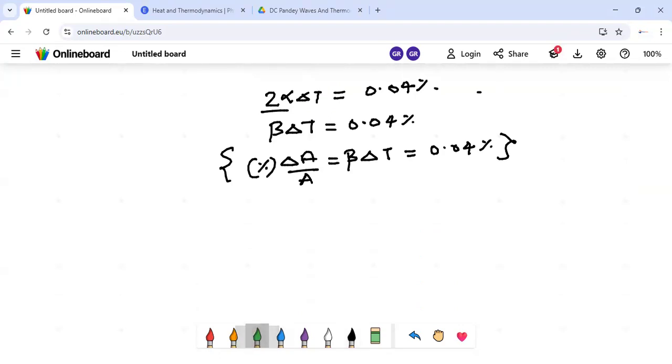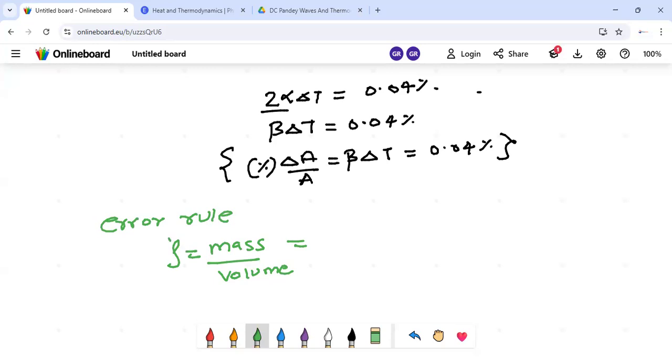Now, they want the percentage change in density. Now, the error rule says that the density formula is mass upon volume. And this part I will explain properly to all of you when we do unit measurement and errors. But as of now, I think you'll all understand.